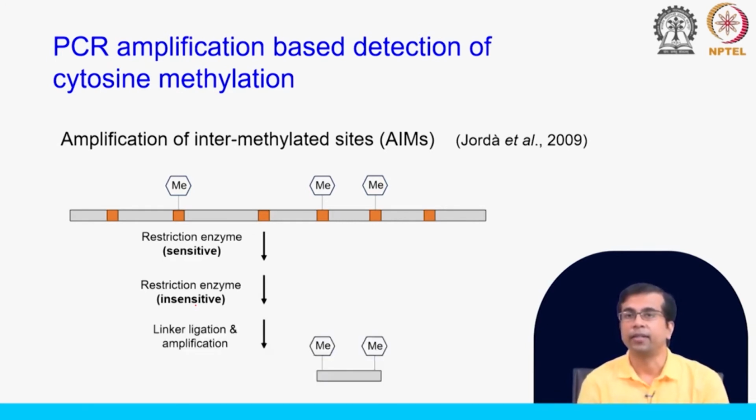And then finally, there is some sort of ligation and amplification, and finally it will actually sequence fragments that reside between 2 methylated sites. Okay. So, again you can imagine, this will identify only limited regions, and even with next generation sequencing you will not be able to identify sites that sit between 2 unmethylated C bases.